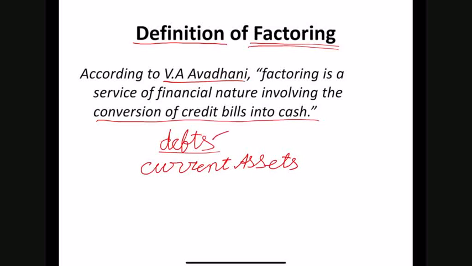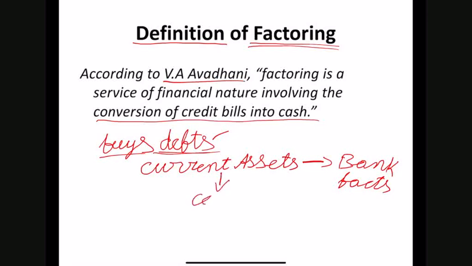I need money urgently. What do I do? I go to the bank, who is a factor. He buys all my debts and gives money to me. So I realize these current assets into cash. I can make use of this cash for any other purpose in my business. This is called factoring and the job of a factor.